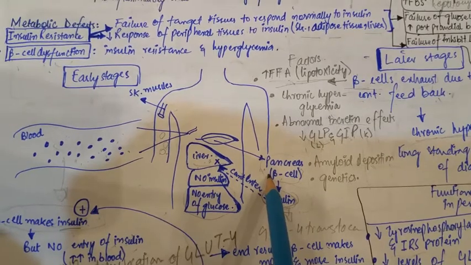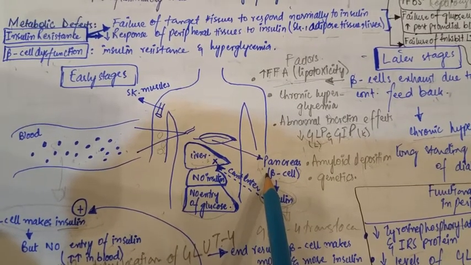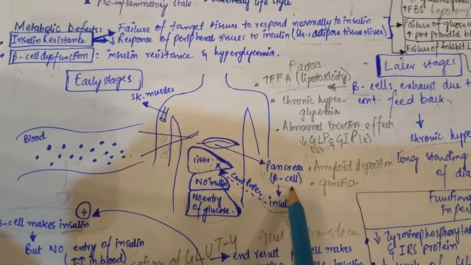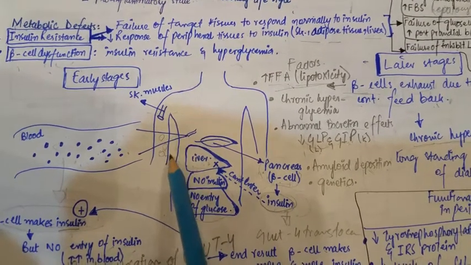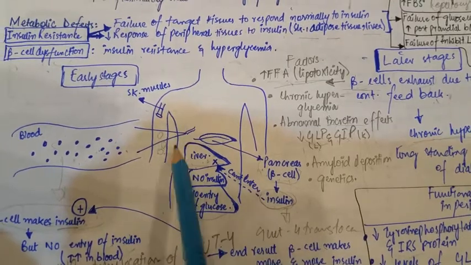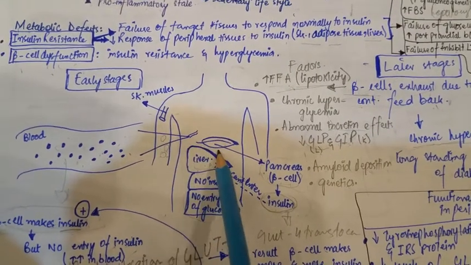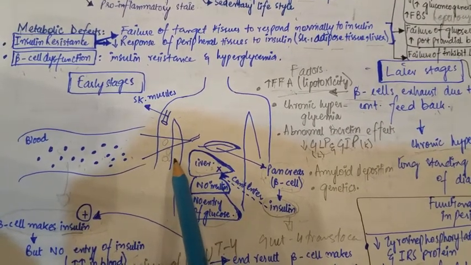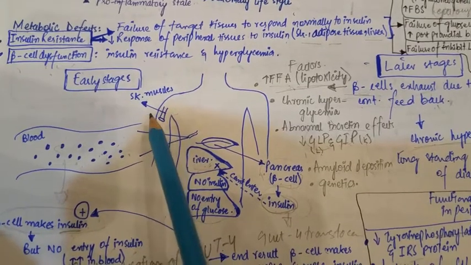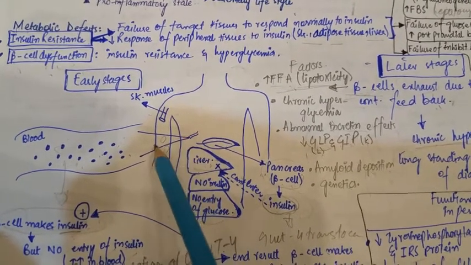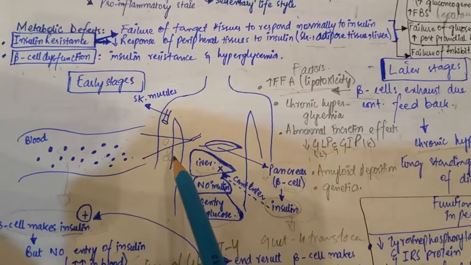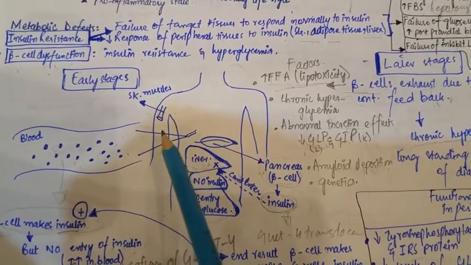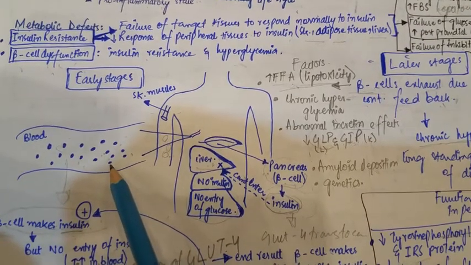Then this insulin will go to the liver, skeletal muscle, and adipose tissues, but these are unable to respond normally to insulin because there is insulin resistance. When there is insulin resistance, there is no translocation of the GLUT4 receptors, and when there is no translocation of the GLUT4 receptors, there is no entry of glucose in the cell. As a result, the blood glucose level remains the same.